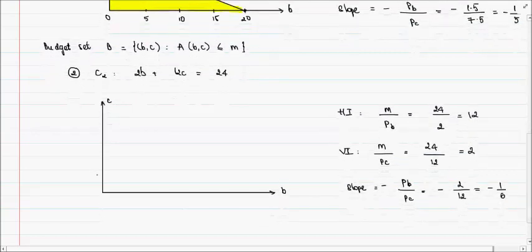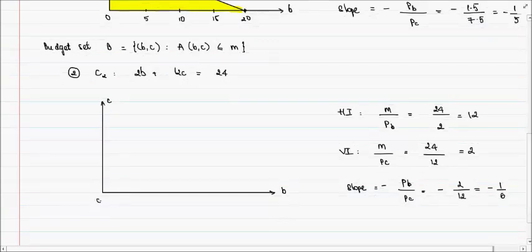So the horizontal intercept is 12, so I got 0 over here, say 2, 4, 6, 8, 10, and 12. The vertical intercept is 2, so I got 1 and 2.